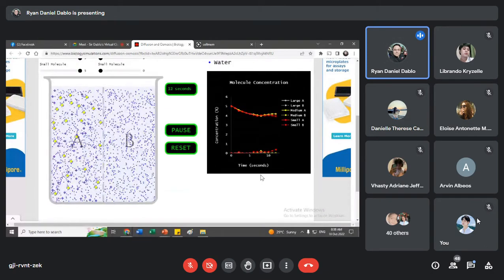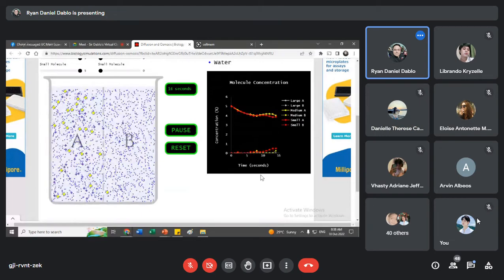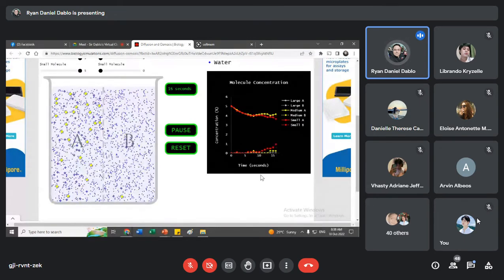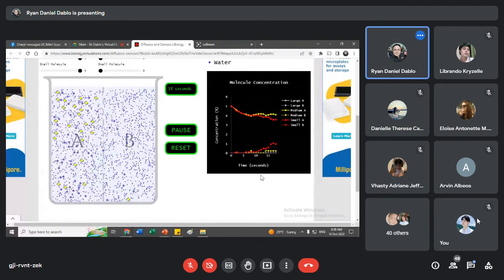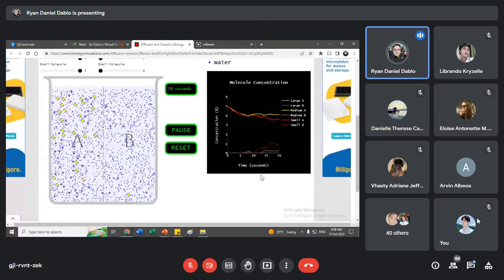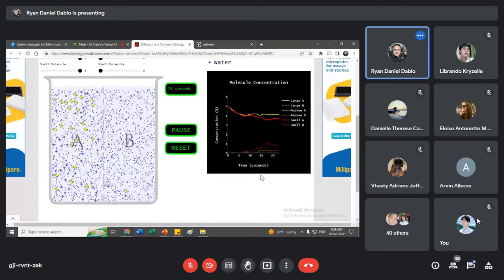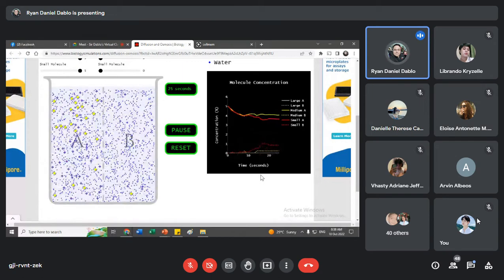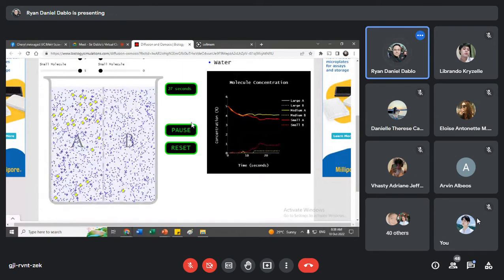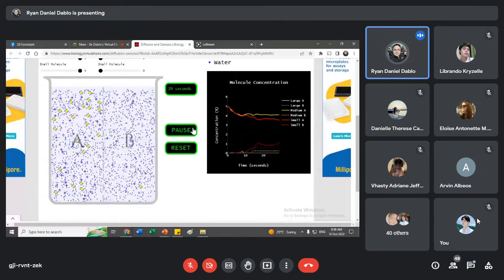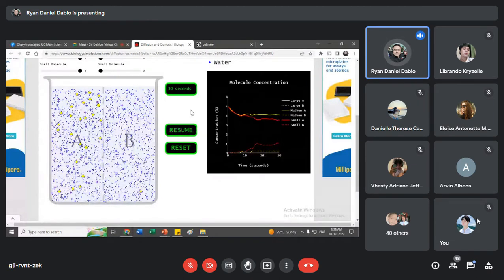So if you notice they are moving, the kinetic energy of the molecules allow them to move, right? So let's give it a few more seconds to see if something worth noting happens. And we've just about reached that. So when we first started out, you will have noticed that if you were particularly keen, that the molecules were concentrated on the left side of the beaker, and there is a sort of barrier between the two.